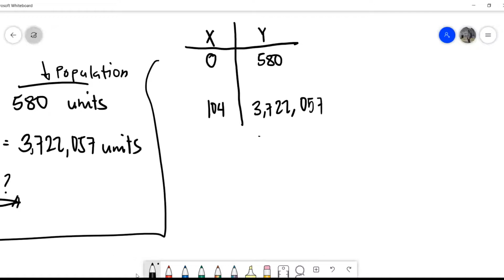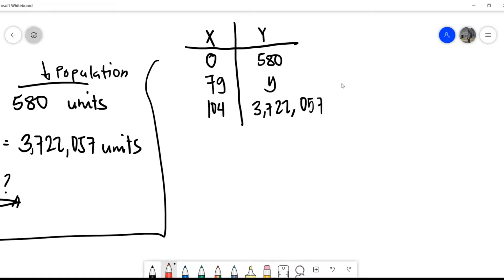And as we say, we want to find what's in between these two, which is at time 79, or let's say day 79.